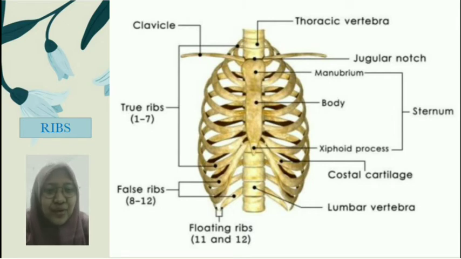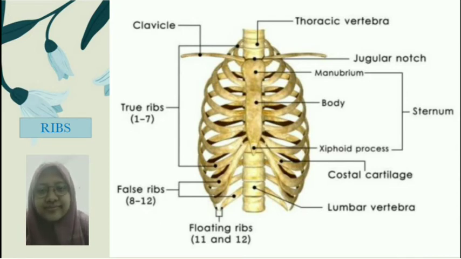People have 12 pairs of ribs, which are composed of 7 pairs of true ribs, 3 pairs of false ribs, and 2 pairs of floating ribs.